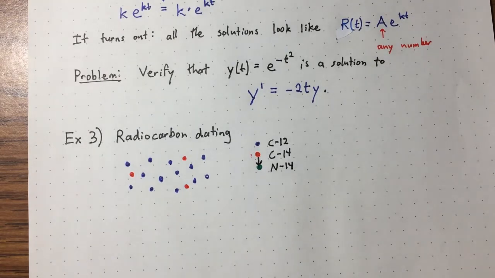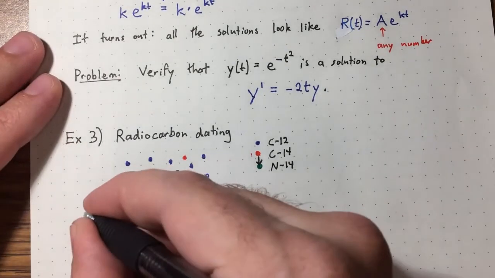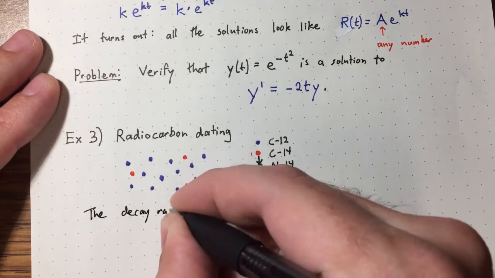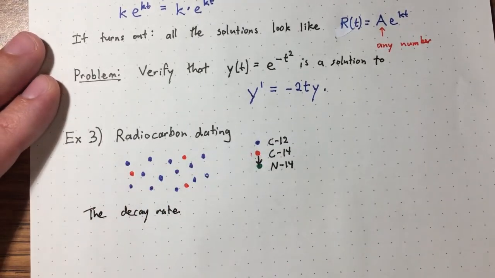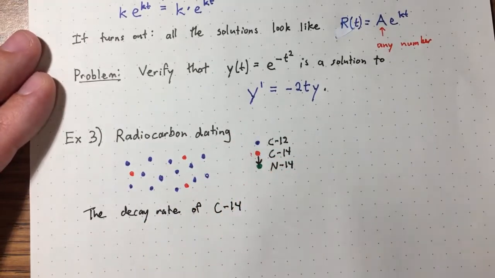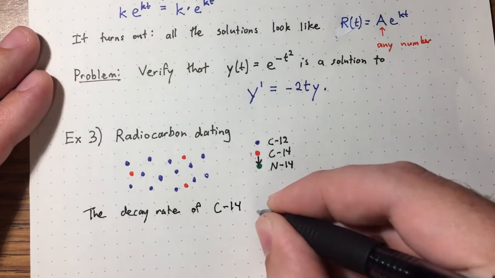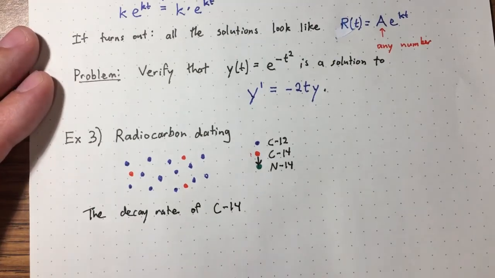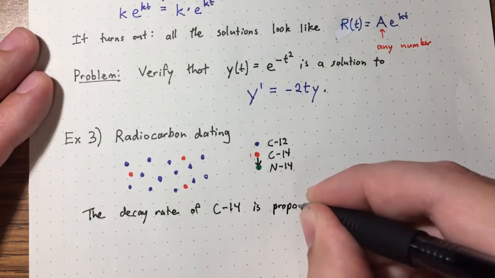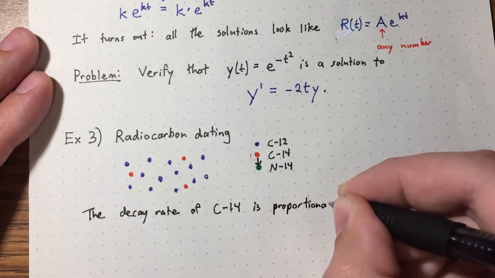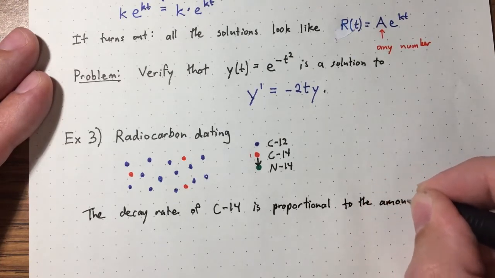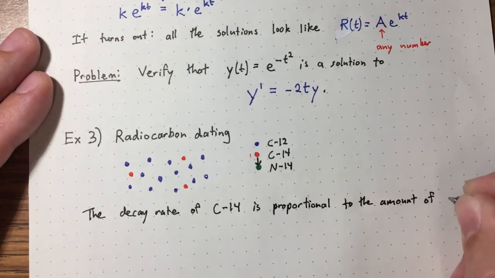And so we find that the decay rate of carbon-14 is going to be proportional to the amount of carbon-14.